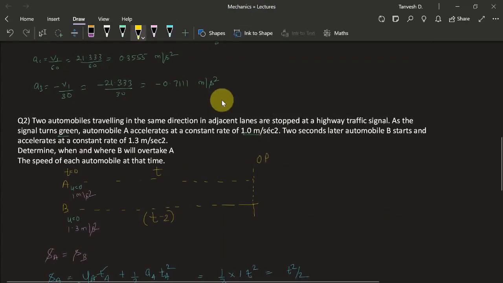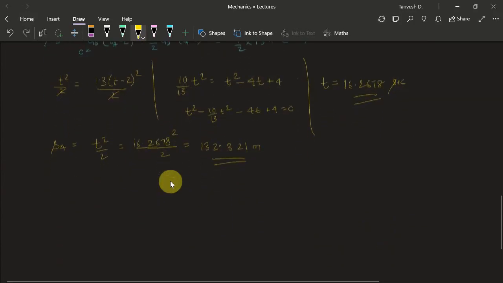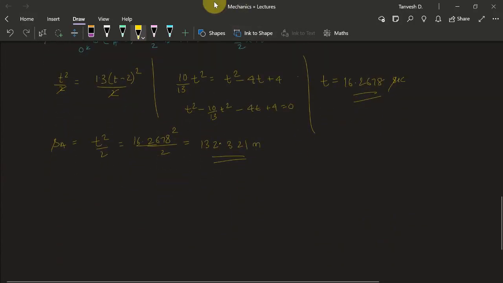And what else did we have to find? The speed of each automobile at that time. So we can find this using the V square minus U square equals to 2AS formula. So VB square, and U is obviously 0 in this case.